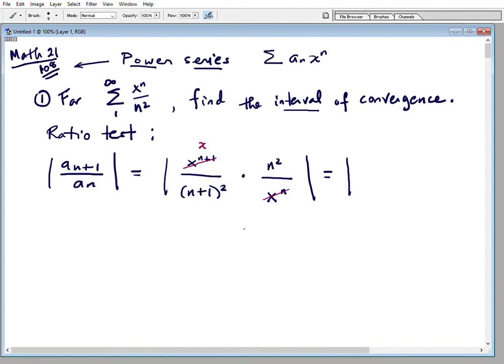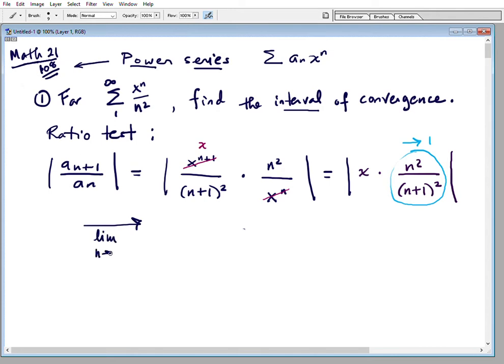Okay, so we're going to have x times n^2 over (n+1)^2. And we can easily show that this goes to 1. And so the limit as n goes to infinity is the absolute value of x.